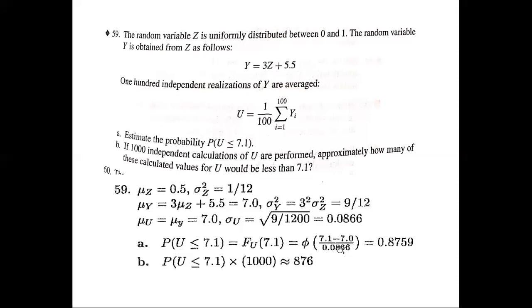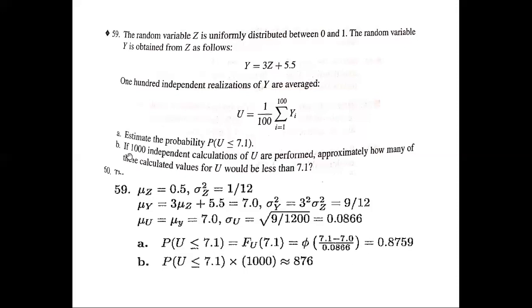So 7.1 minus mu, divided by sigma. Mu is 7.0 for u and sigma is 0.8666. If you see this in the plot, for the characteristic function, you will get 0.8759.